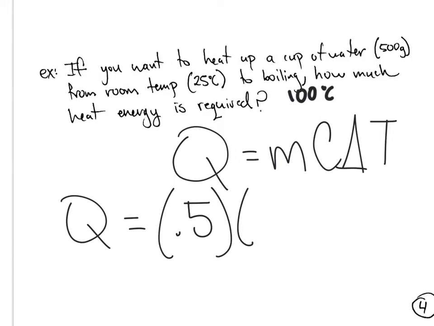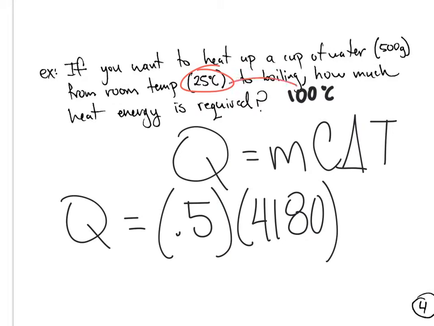The specific heat of water we said was 4180, sometimes more specifically you'll see 4187. So let's leave it at that. And then the change in temperature, if it's going from 25 up to 100, do you see how it has to increase by 75 degrees Celsius?